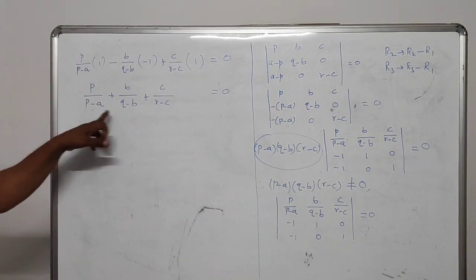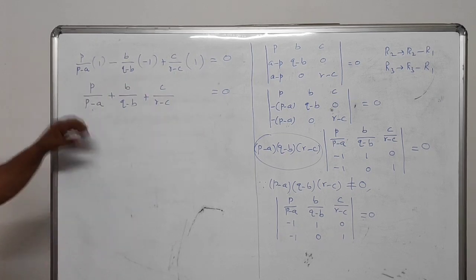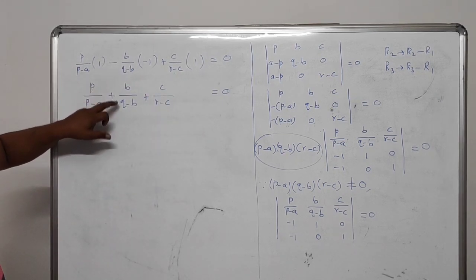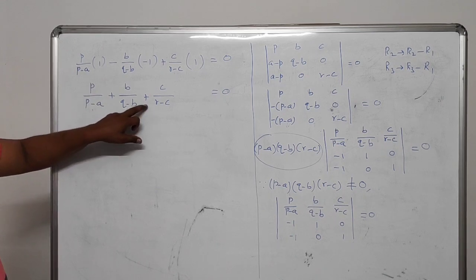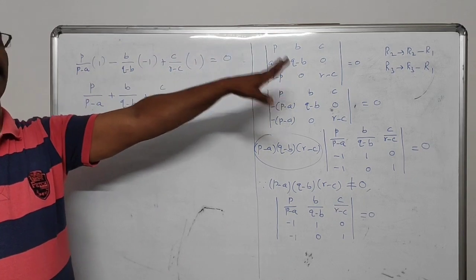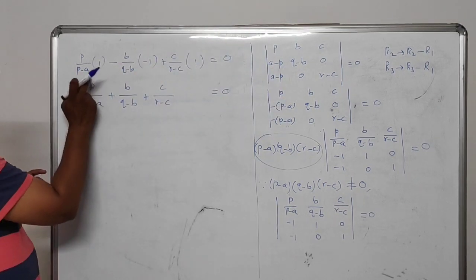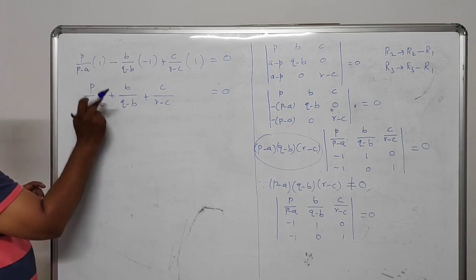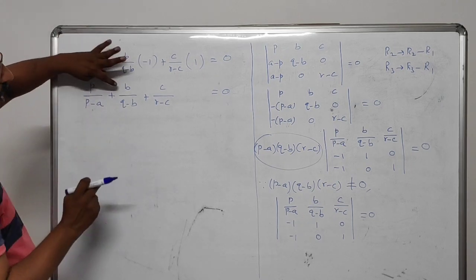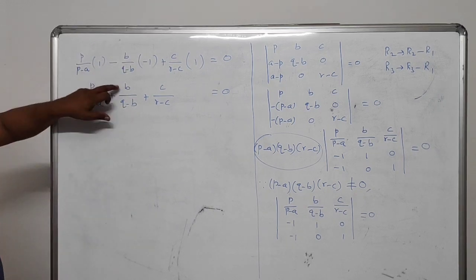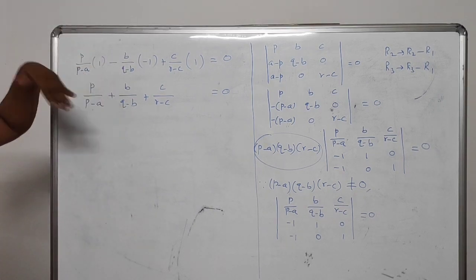But this is not the required result. The required result is p by p minus a plus q by q minus b plus r by r minus c equal to 2 only. Here the first term is given in the required result, p by p minus a. But here we must have q by q minus b. Here q is missing. Therefore, do one thing: add 1q and subtract 1q.